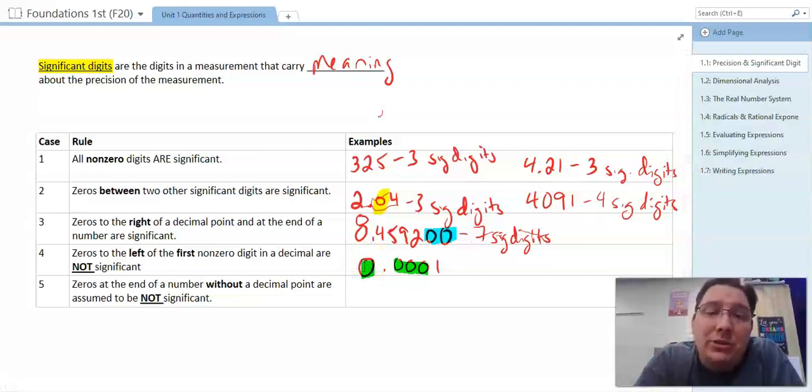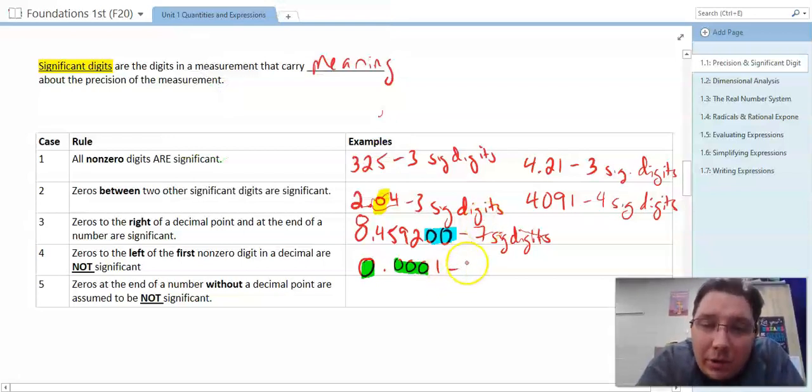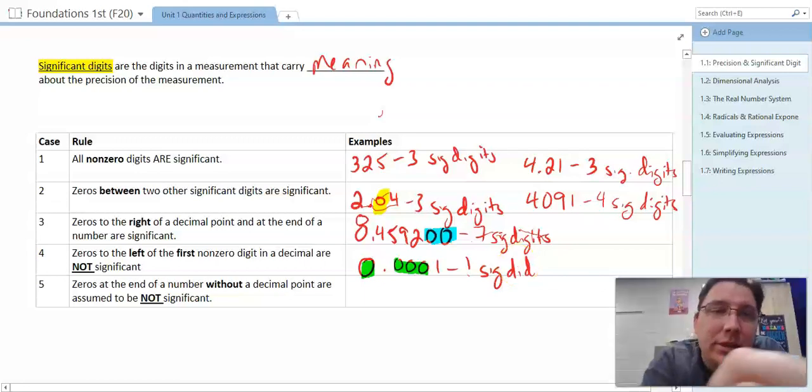So how many significant digits do we end up with? Well, we end up with just the 1. And so this would only have 1 significant digit.